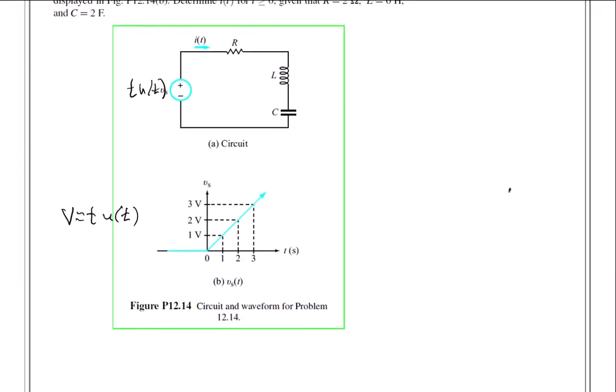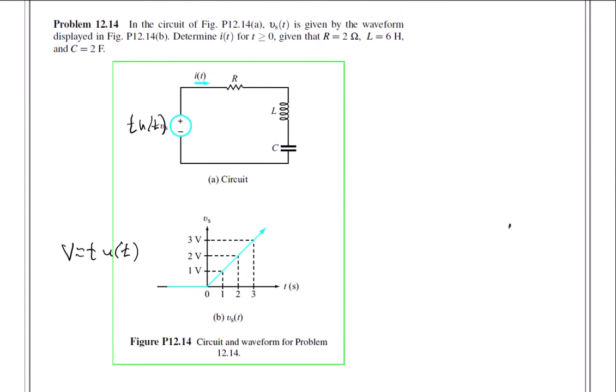All right. The Laplace transform of t is 1 over s squared. So we're just going to use for this one that v equals IR. But first, let's transform all of these to the S domain. So this will become 1 over s squared.